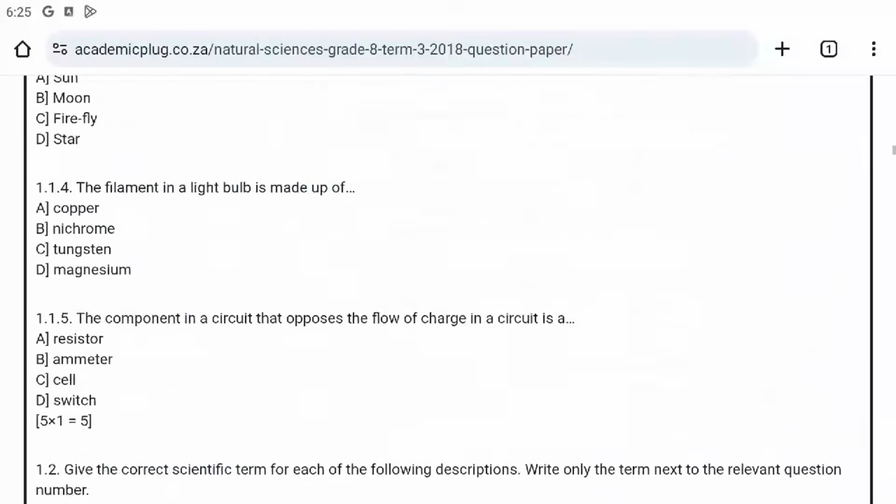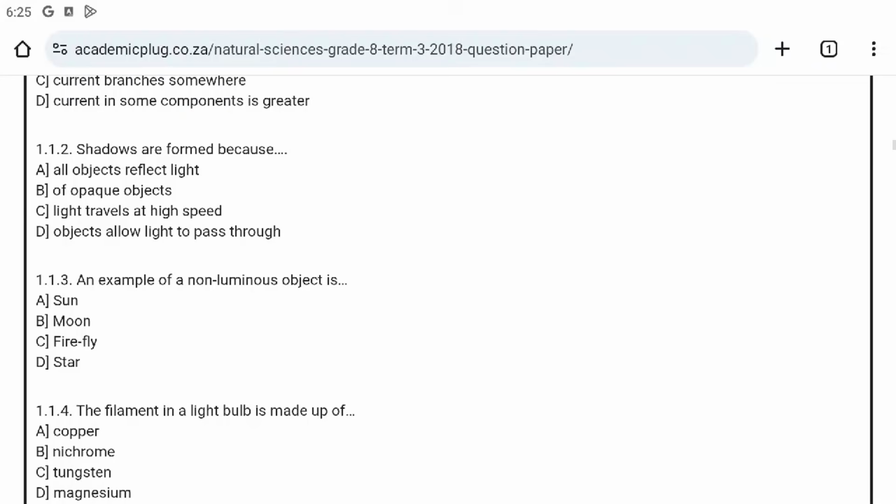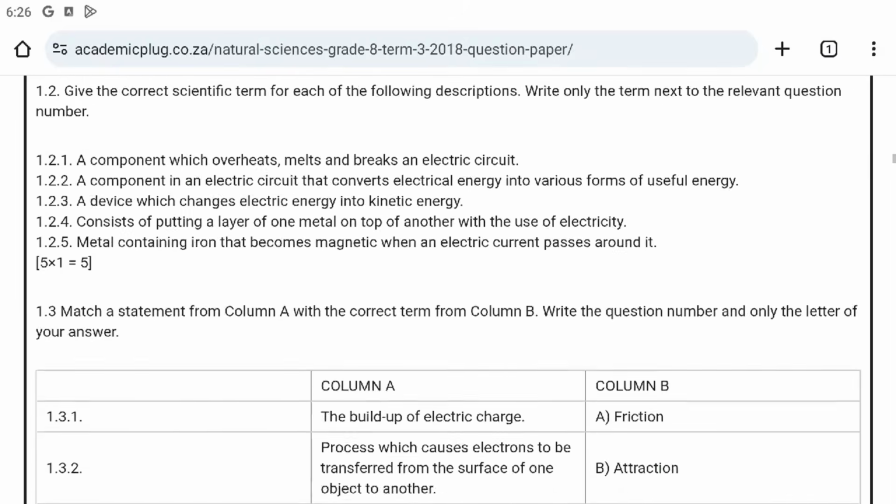Okay. The second question says shadows are formed because A, all objects reflect light. B, of opaque objects. C, light travels at high speed. D, objects allow light to pass through. Which one is correct?